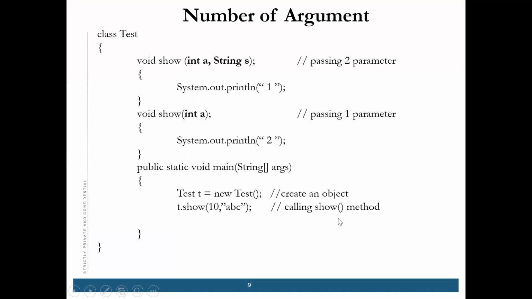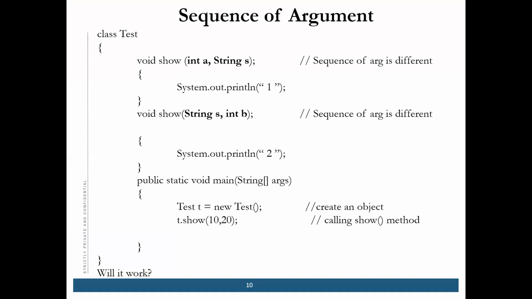It will call whichever method matches the arguments you are passing. Now the sequence of arguments, as I said, the sequence is different. Now you see here, first is integer, string, and then string, integer.